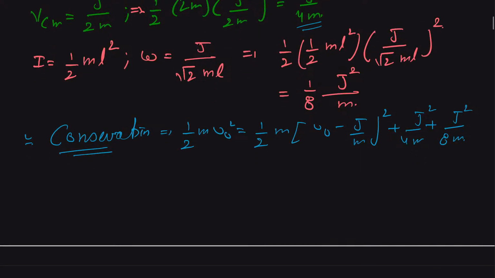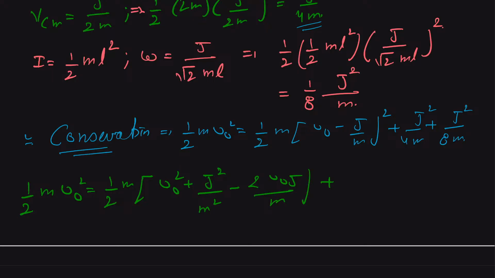So we get this as our half m v naught square is equal to half m times v naught square plus j square upon m square minus 2 v naught j upon m, plus this second term we can solve it.